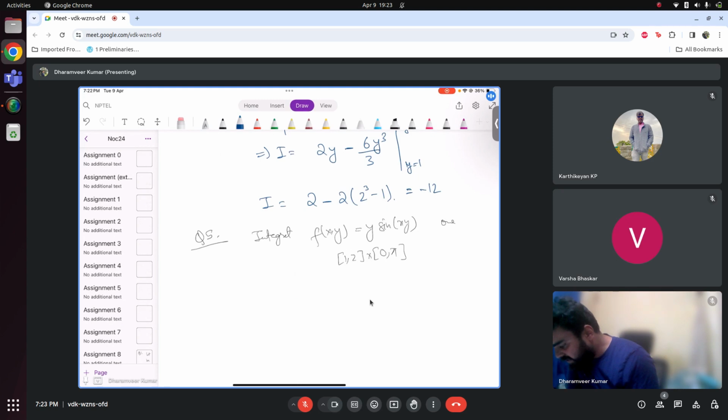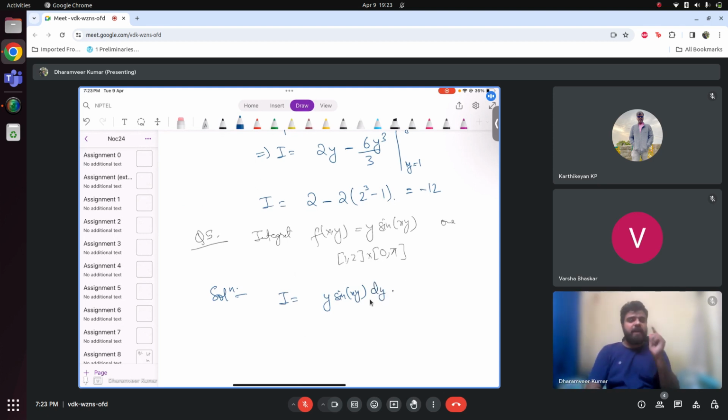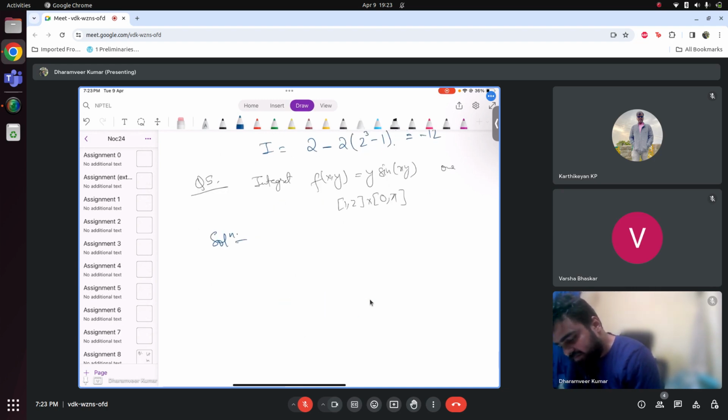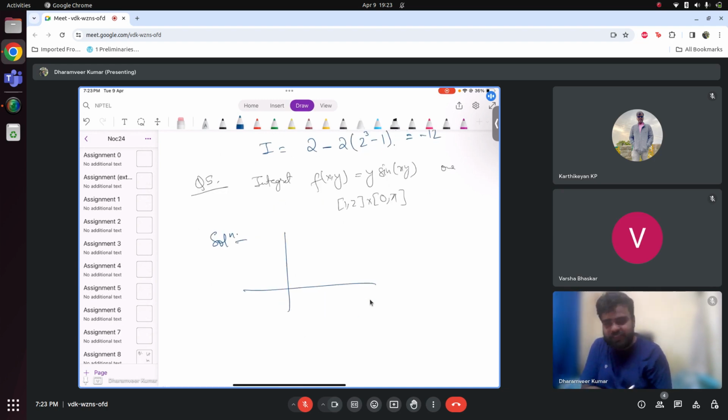I'll show you. The solution is the integral of y sin xy. You can integrate in any direction because it's a nice simple rectangular integration. Function is continuous, everything is nice. It's a finite domain. X is from 1 to 2.